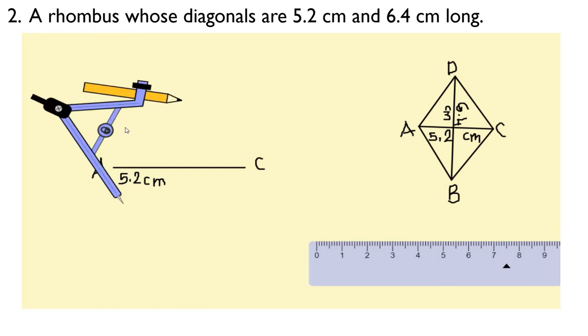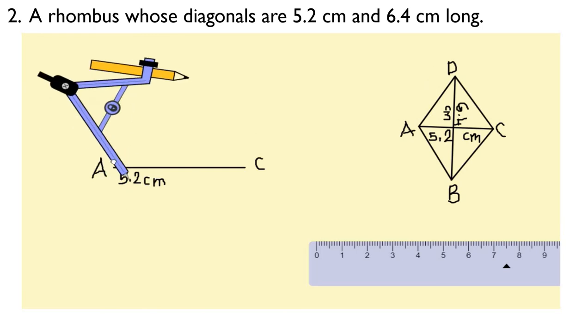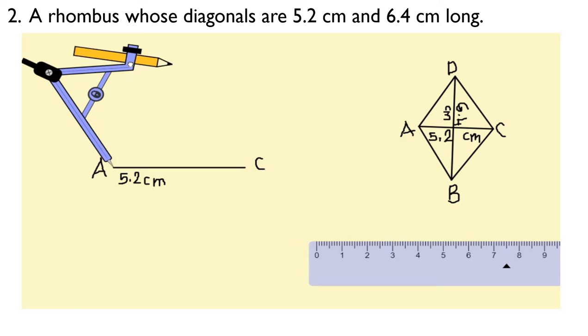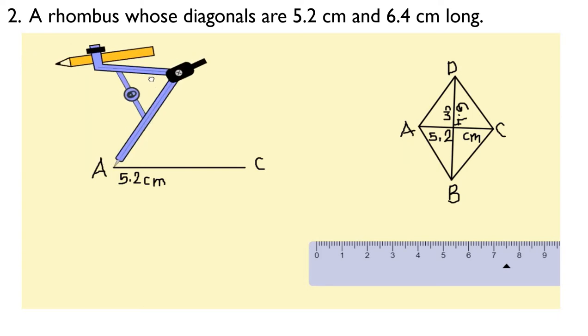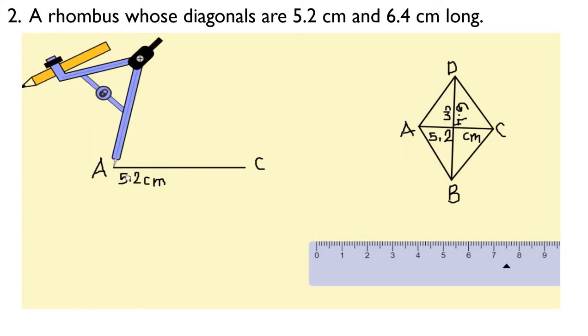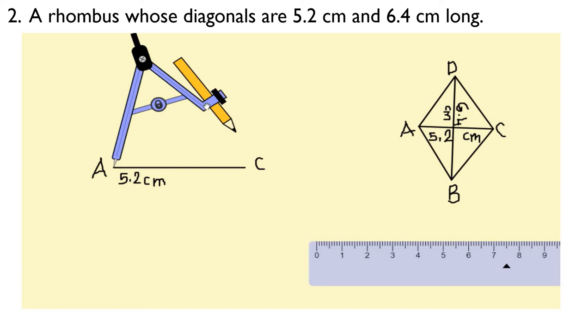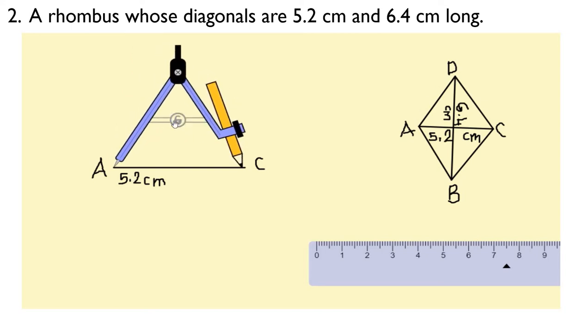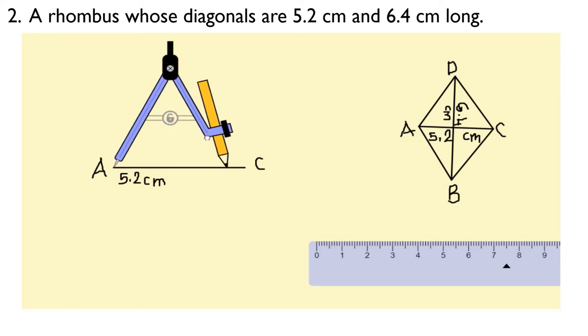To draw that, with the help of compass, we select a radius more than half of the given line segment. Here you can see that whatever line segment is given, we select more than half the measurement of line AC.